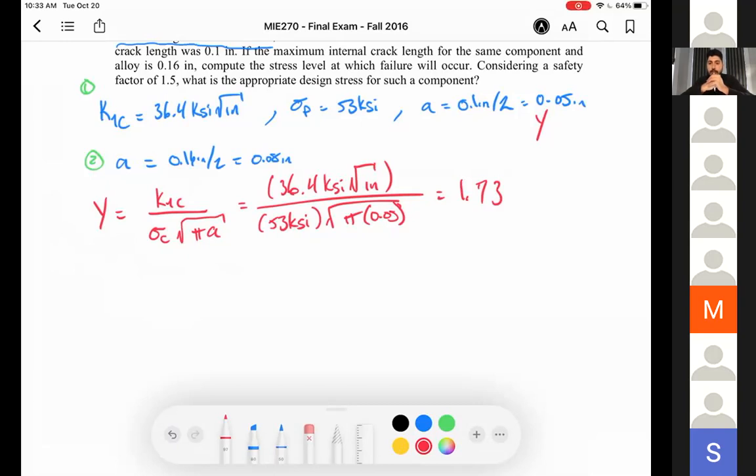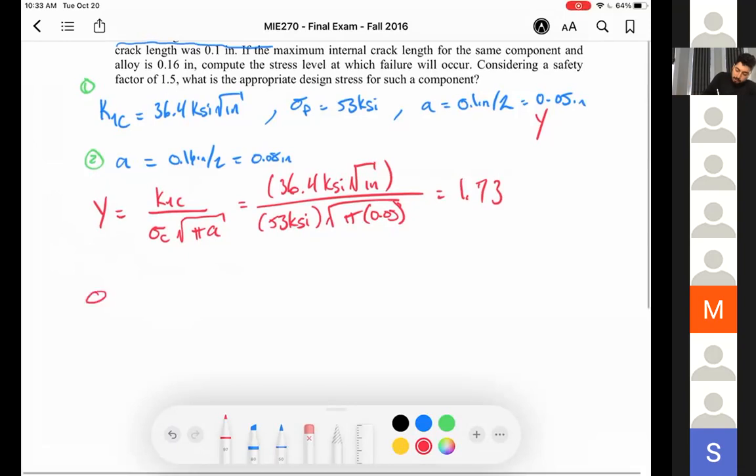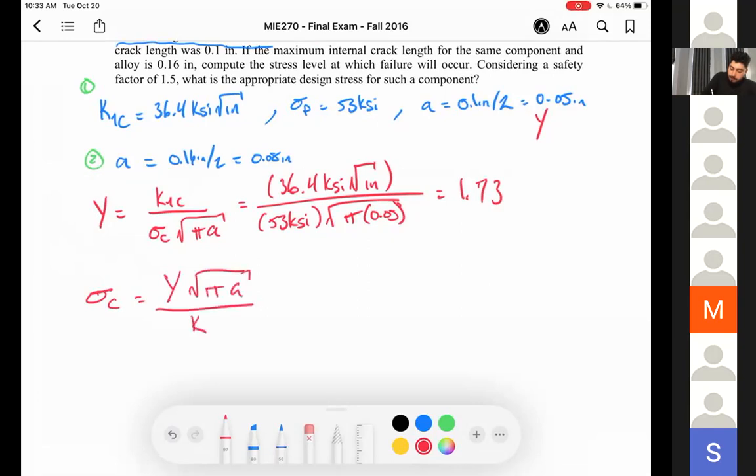So we can say that our stress is equal to K1C divided by Y root pi a.